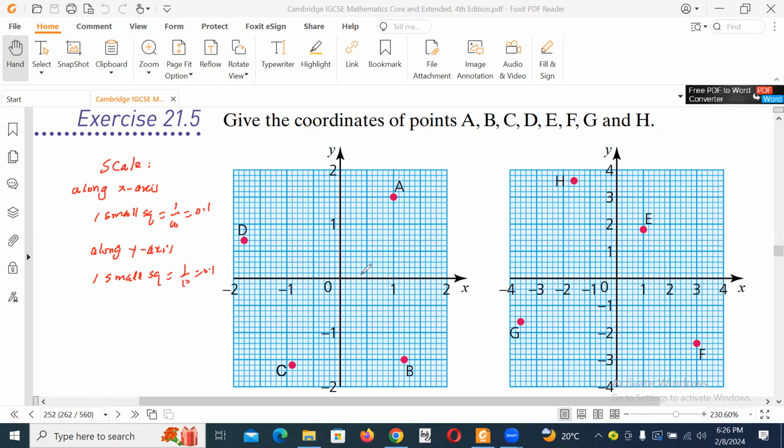Now it is easy to give the answer for part A first. For A we have 1 unit right and up 1.5, exactly in the middle between 1 and 2. So the coordinates are (1, 1.5).